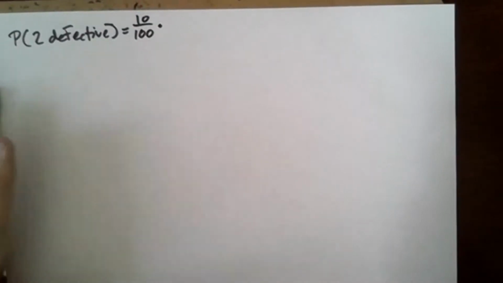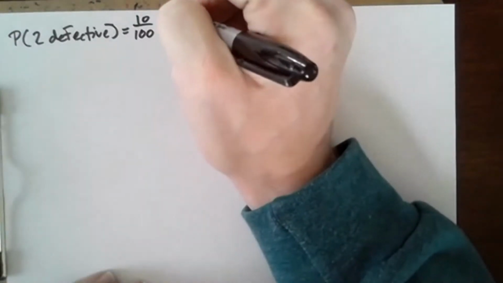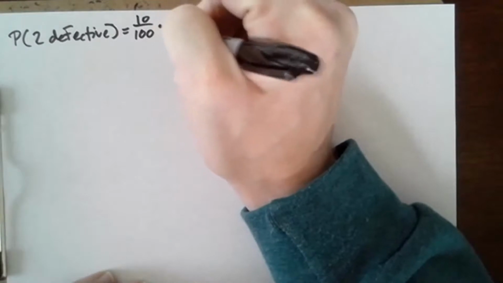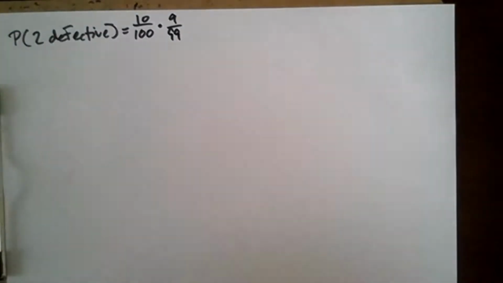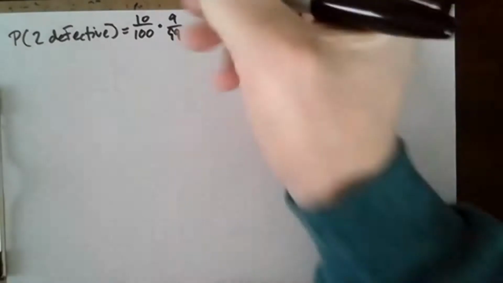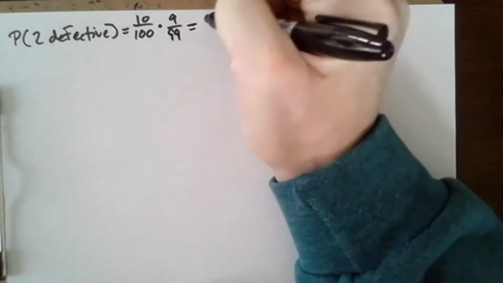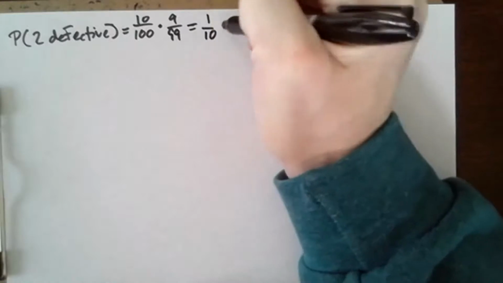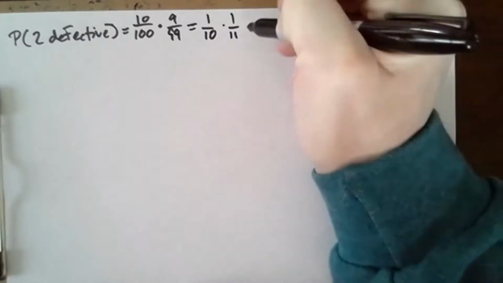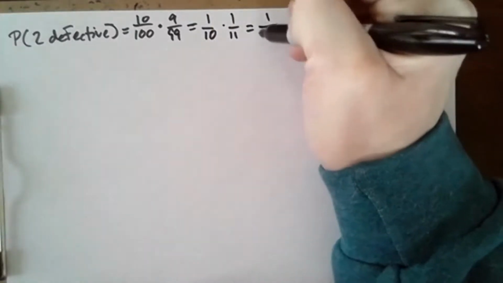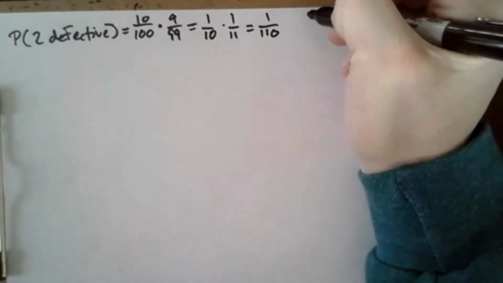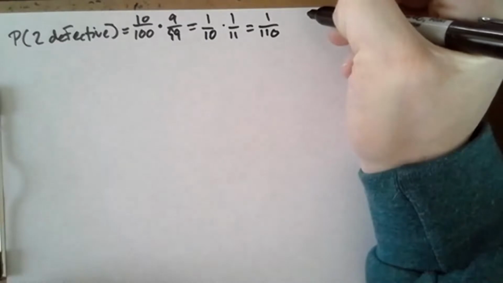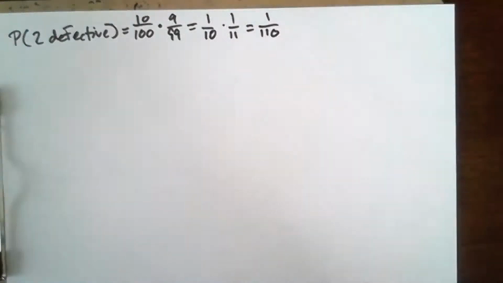Well, in this case, that's going to be 9 out of 99, because we've already taken away one of the defective disks and one of the total disks. Okay, so I can reduce that to 1 over 10 times 1 over 11, and that gives me 1 over 110, which is approximately 0.096. No, that's not right.